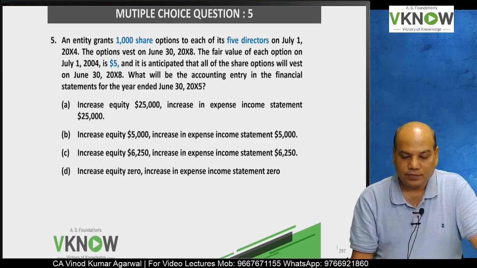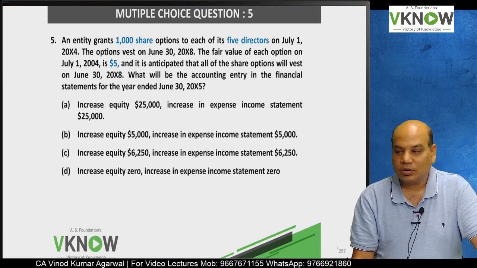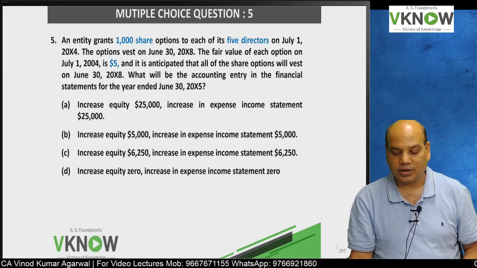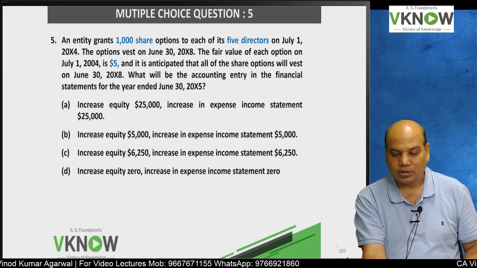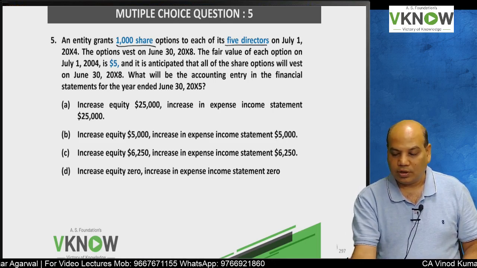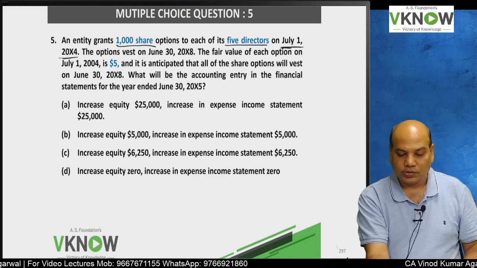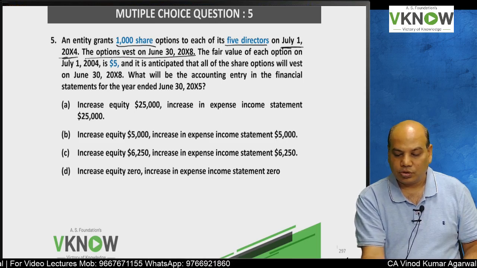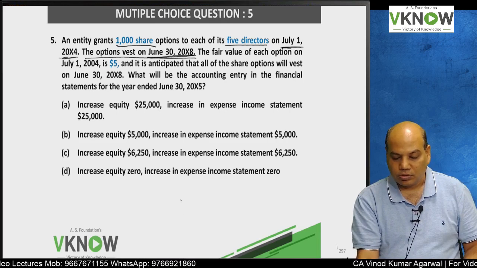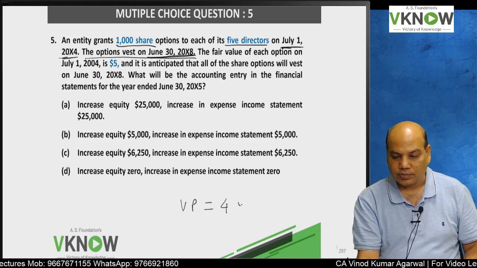Question number 5. An entity grants 1000 share options to each of its 5 directors. Underline number of directors. On July 1, 2004, the options will vest on June 30, 2008. So vesting period is 4 years.